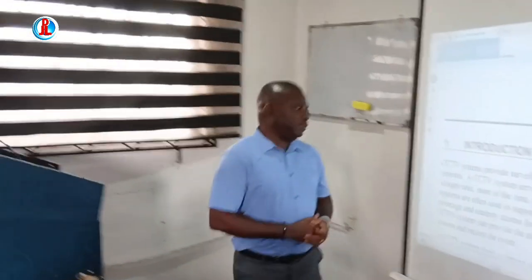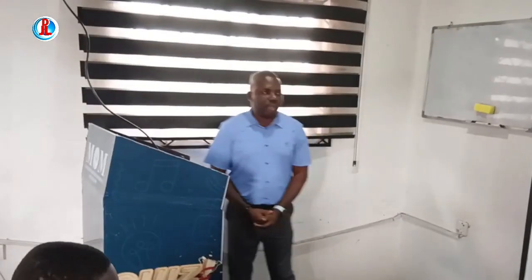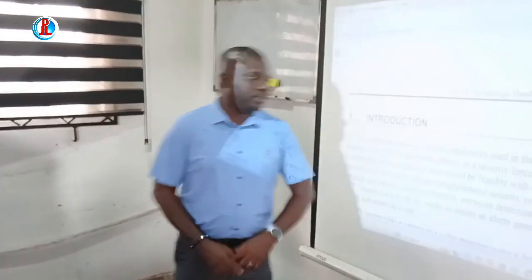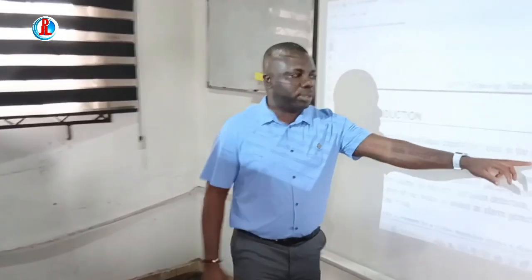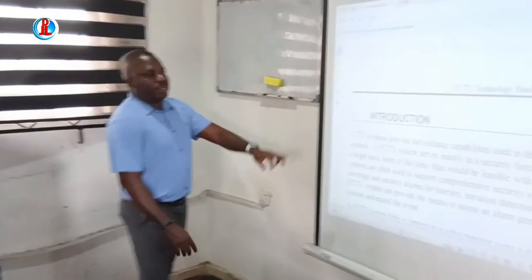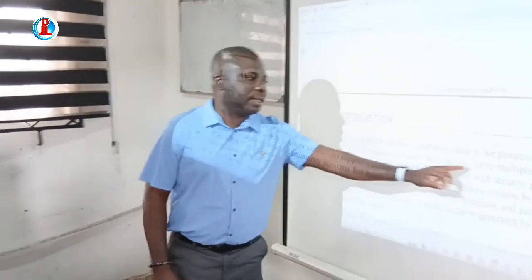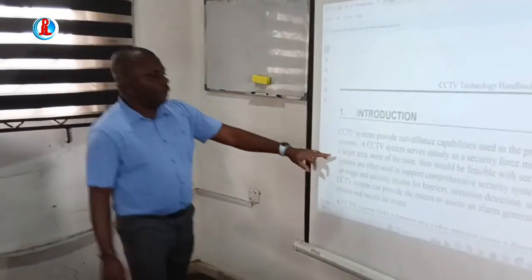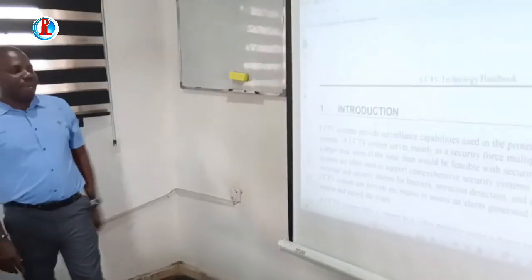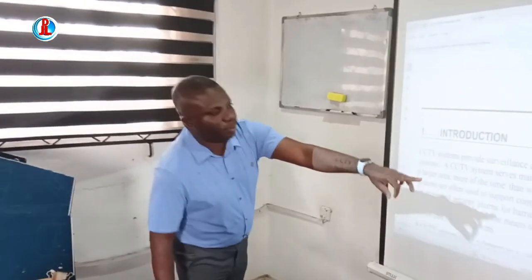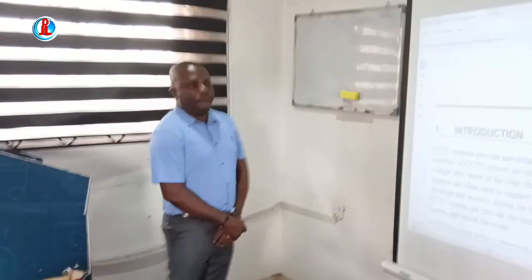Now we say CCTV is closed circuit television. CCTV system provides surveillance capabilities for the protection of people, assets, and systems. The CCTV system serves mainly as a security force multiplier, providing surveillance for a larger area, for more time than would be feasible with security personnel.